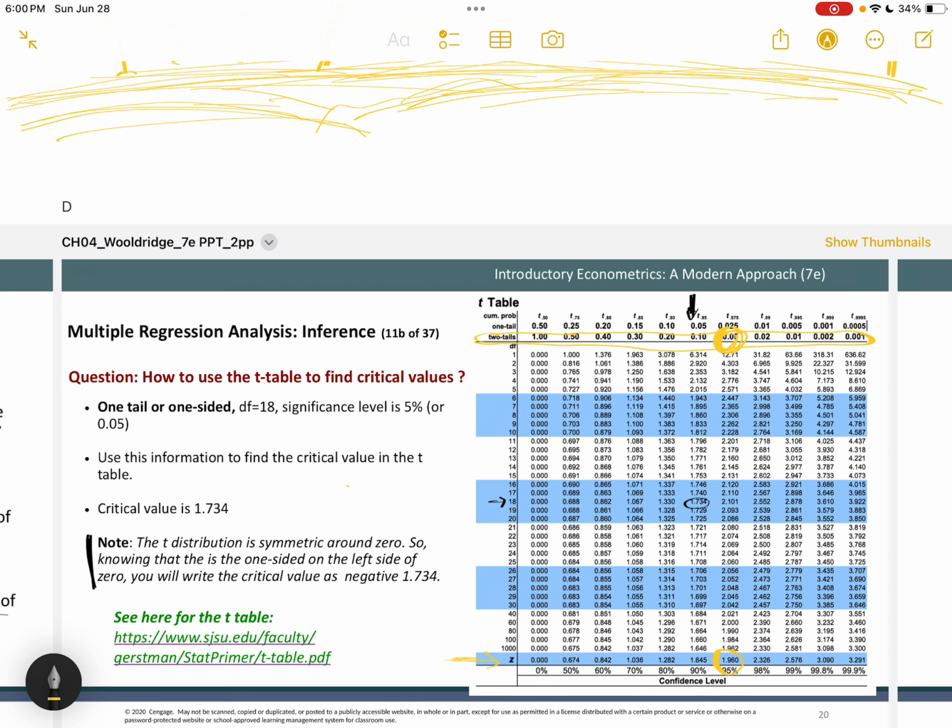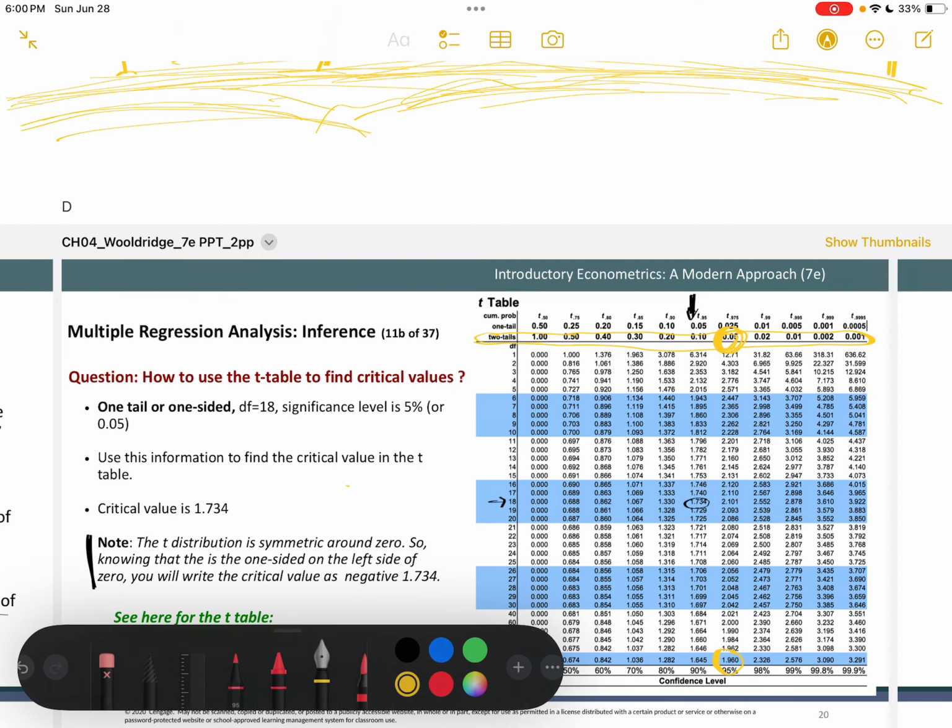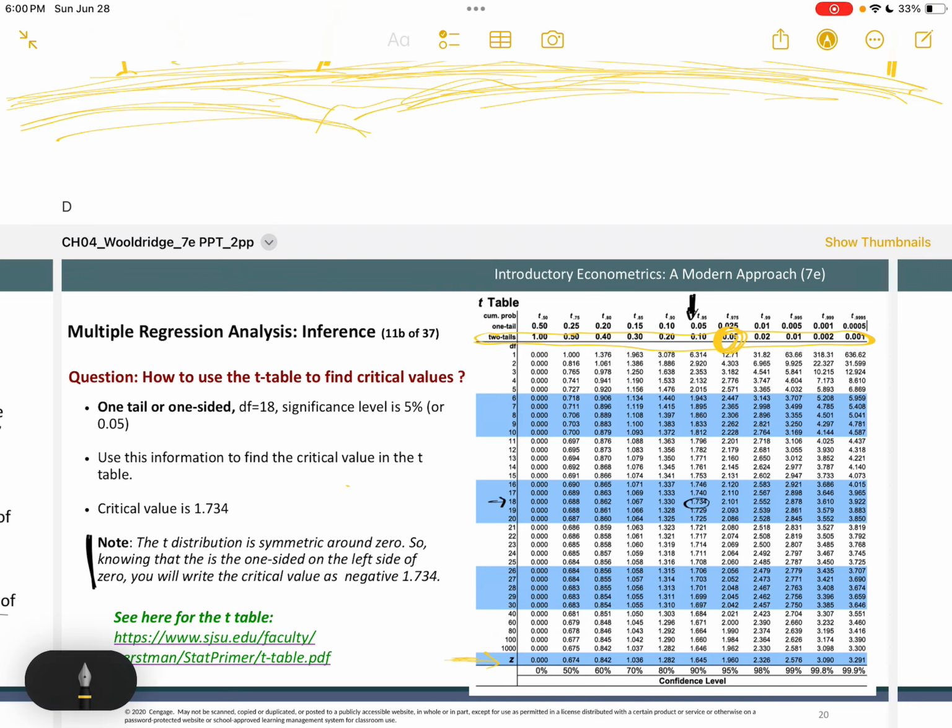Hopefully you remember your statistics, and hopefully I'm remembering it right too. So anyway, your z will be 1.96, and that will be the 95% confidence level.